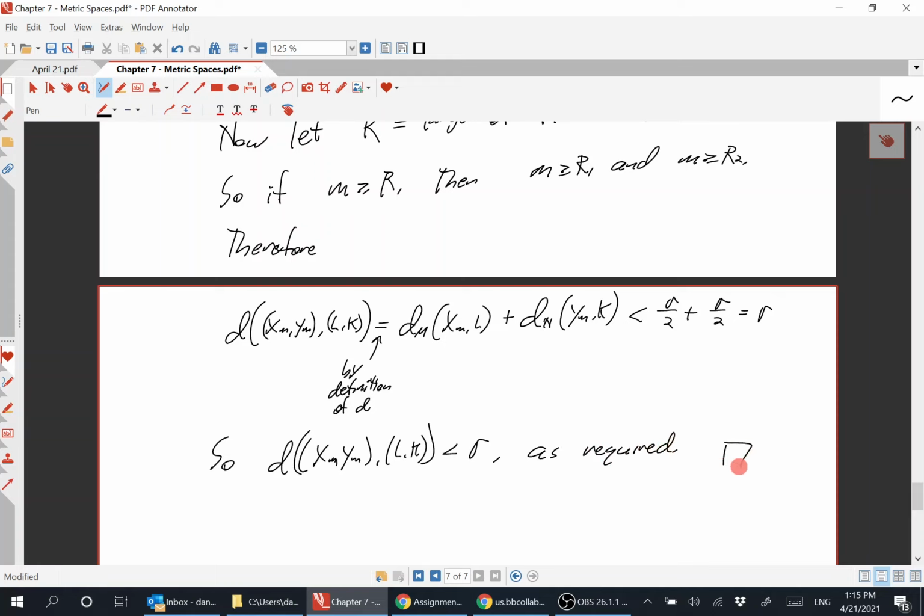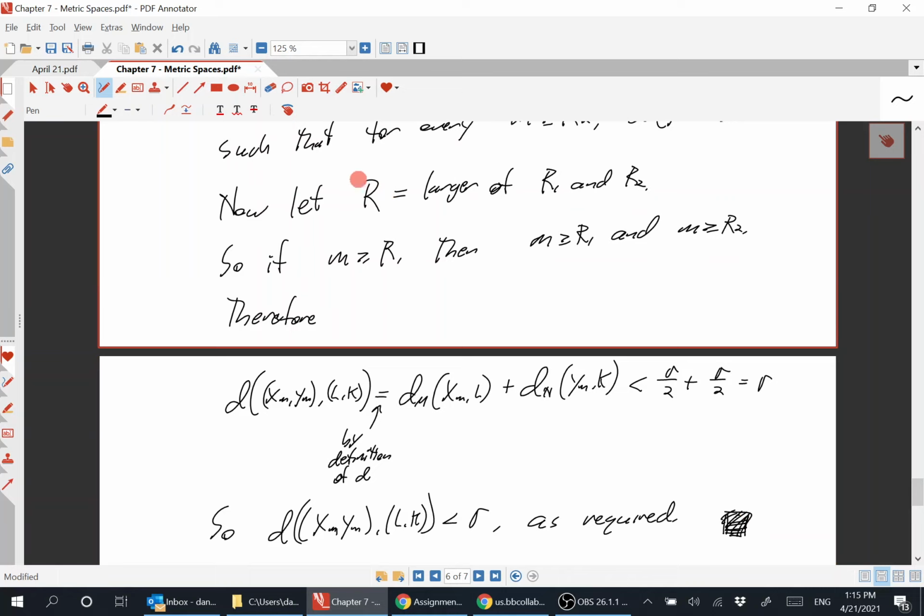For every r bigger than 0, I showed that there is a natural number R such that every point in the sequence (xm, ym), where m is bigger than R, is at distance less than r from (L, K). So the sequence got stuck in that ball.